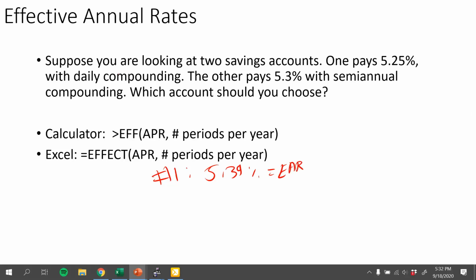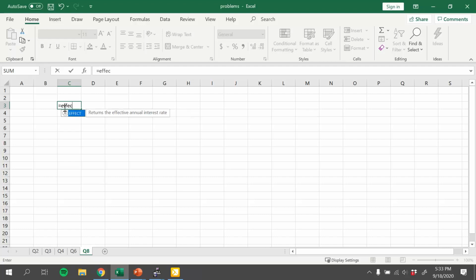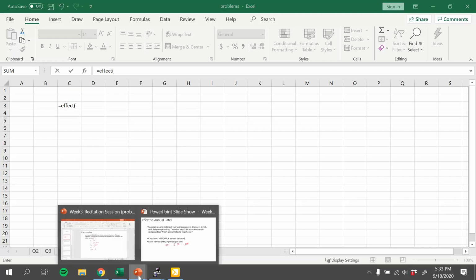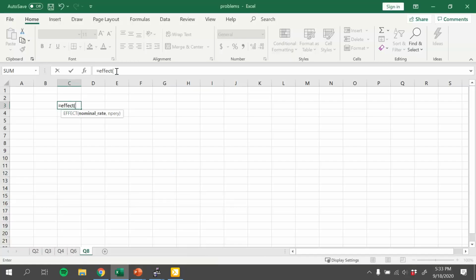Now let's do account number 2 using Excel. For account 2, we have 5.3% interest with semi-annual compounding. So in Excel, what I would do is I would type in equals to bring up my functions, and then I'll type in EFFECT. And that's going to return the effective annual interest rate. All right. And so what I'll type in is the interest rate that I had, which was 5.3%. So I need to put it in as a decimal.